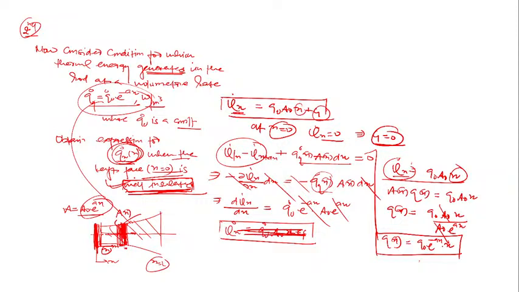No heat conduction at this surface. So at x equal to 0, q dot x equals 0, that makes C1 0. Clear, madam? Now it's clear, yes or no?